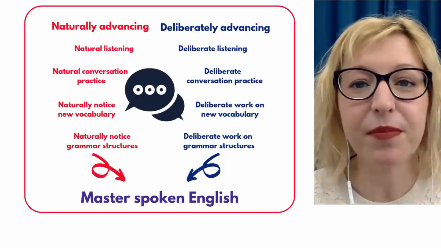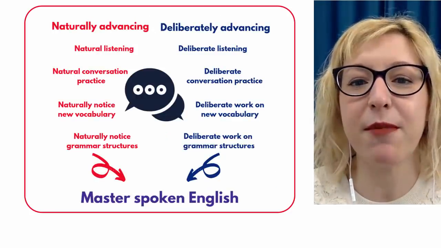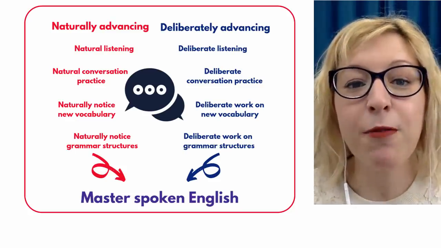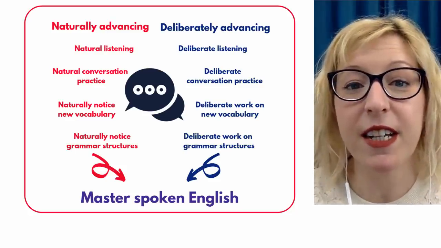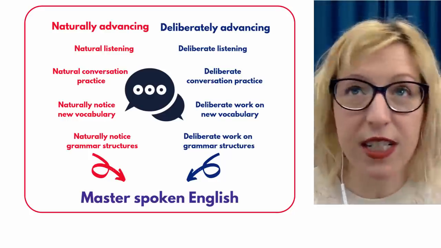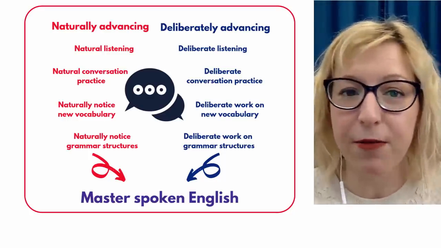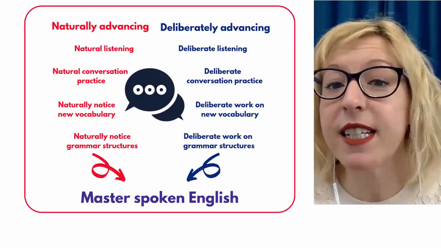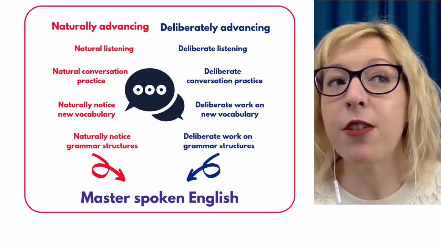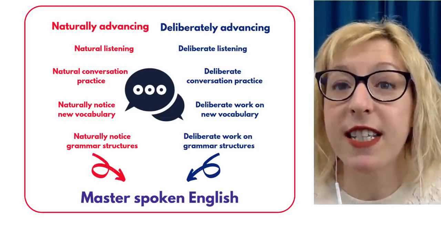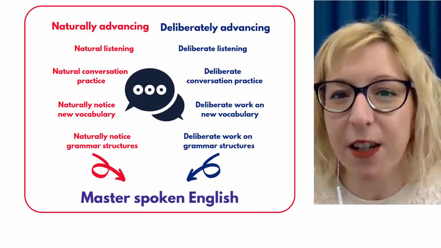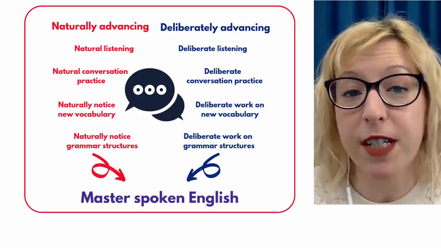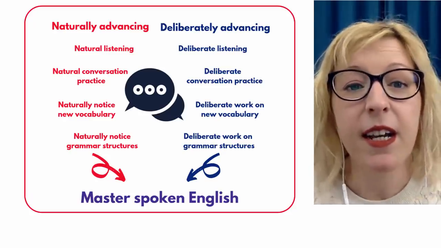So just to give you some examples of how you can do natural learning and deliberate learning with a lot of different activities. We had natural listening, just listening to hear the sounds, like when you listen to the news or a podcast. Deliberate listening, maybe when you're actually focusing on the sounds and trying to learn to decode the sounds, like with my Understand Real American English course, for example, or any other listening course.